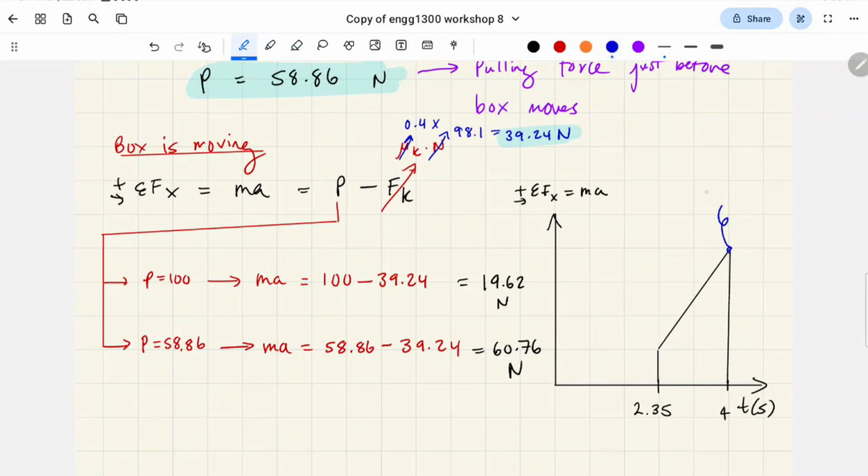But this one is 60.76. This one is 19.62. Now we're finally getting to what I was talking about. We want to find the area underneath this graph in order to solve for our impulse.